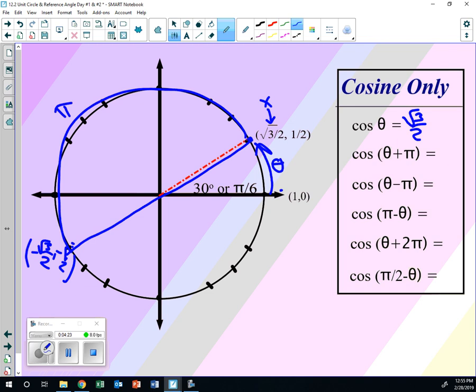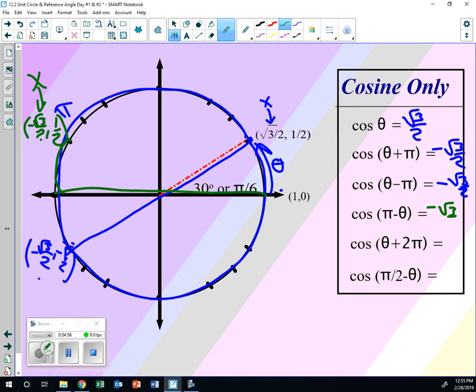But the x is just negative square root of 3 over 2. Did it change when you went theta minus pi? That's the same thing. And then when I went here and back, for sine it was switched from positive to negative. But for this one, negative square root of 3 over 2, 1/2, what's the cosine?